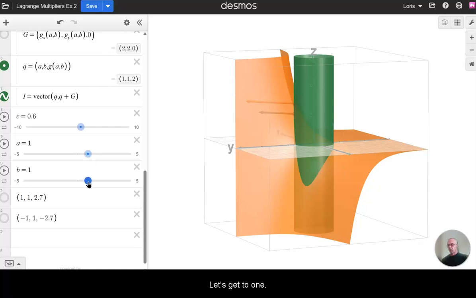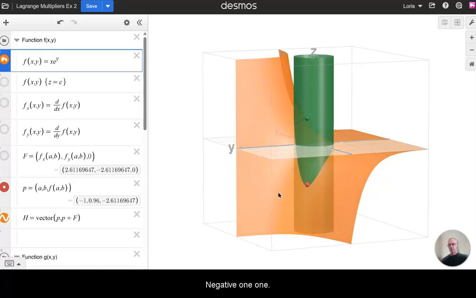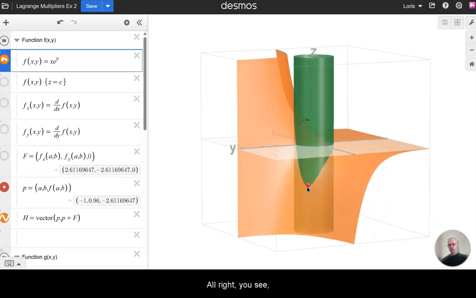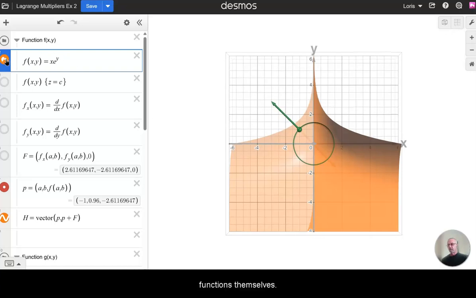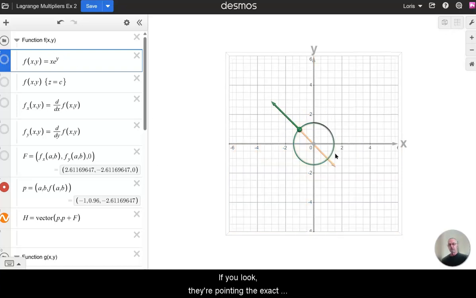Let's get to -1, 1. All right. You see, this red dot is the minimum of the f function. And if you look, let me take off the actual functions themselves. If you look, they're pointing in the exact opposite direction. One is going to be a negative constant times the other.